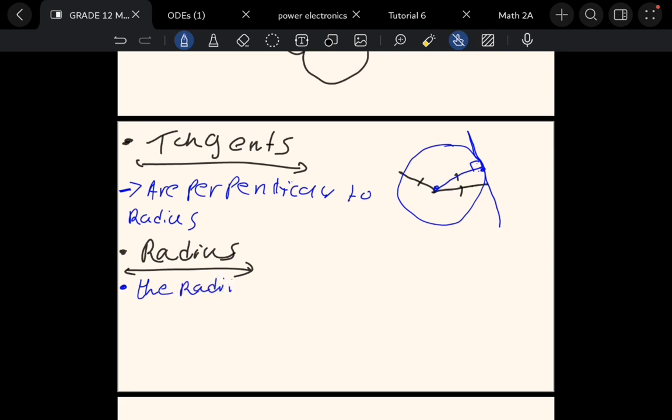The radii are equal in one circle, which means all of those distances are equal. You understand? Right.